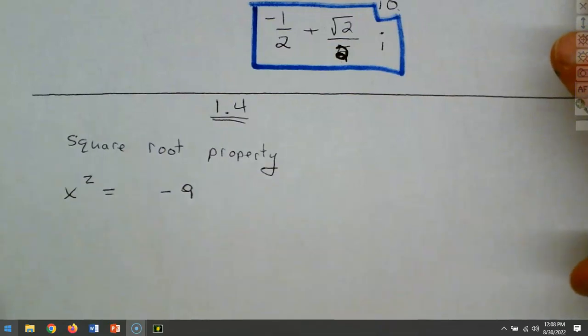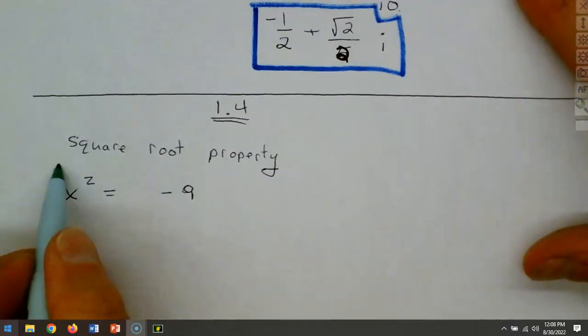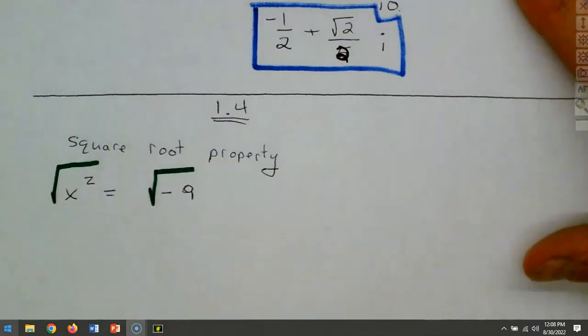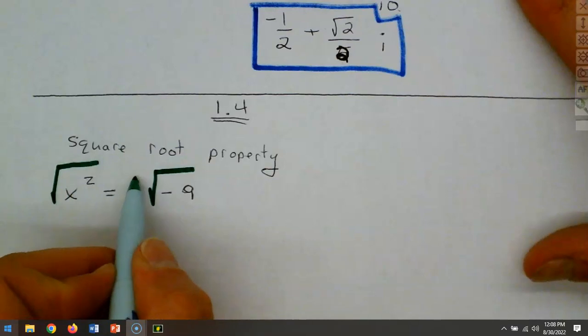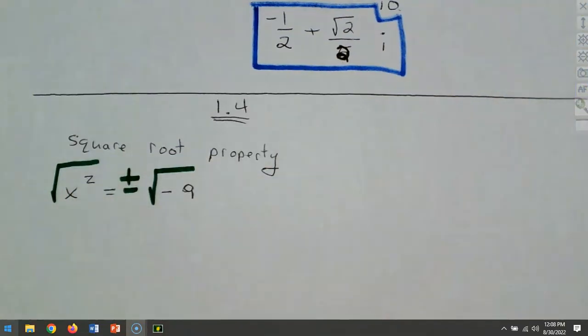And I have a square. How do I undo a square? What's the opposite of square? Square root. So I'm going to take the square root of both sides. And this builds on what we just covered. And whenever we take the square root, we have to add in a plus or minus.